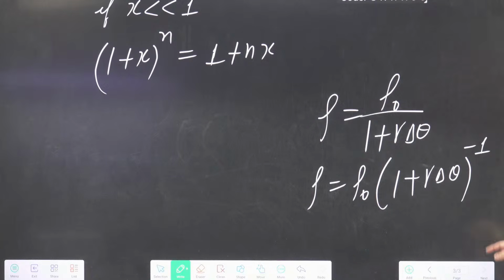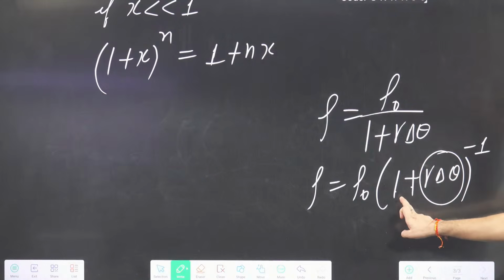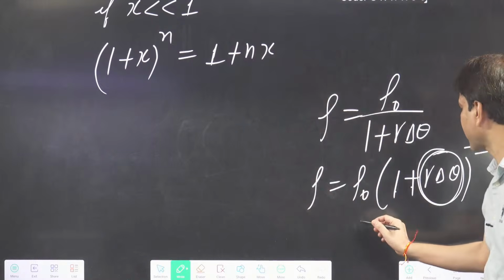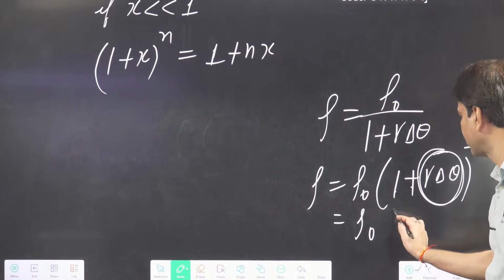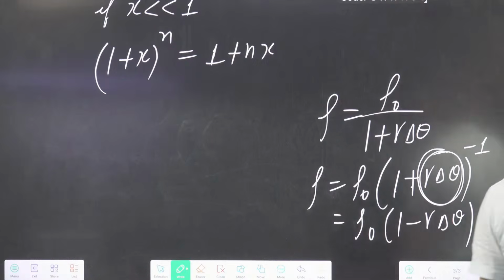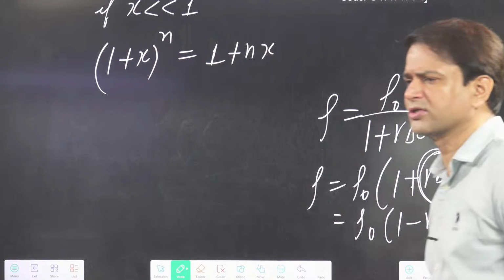Now this whole term I can take as x. So 1 plus x to the power minus 1, that is 1 plus x to the power n, and here x is very small in comparison to 1. Then I can use this approximation and write rho naught into 1 minus gamma delta theta. This type of formula you have also learned in thermal expansion; later we will discuss it also.